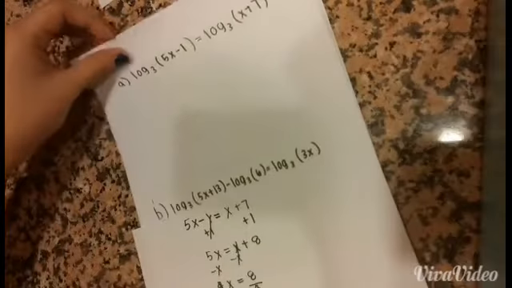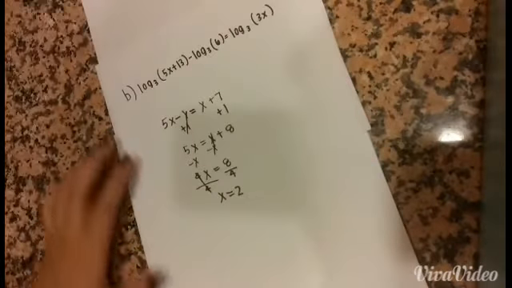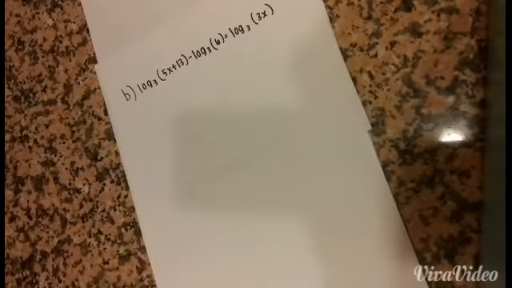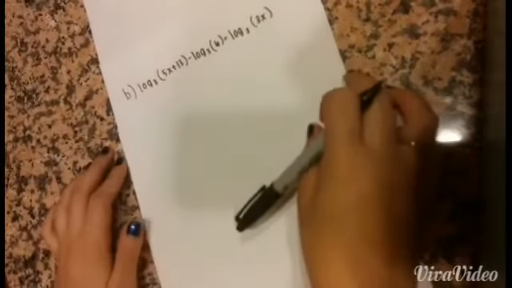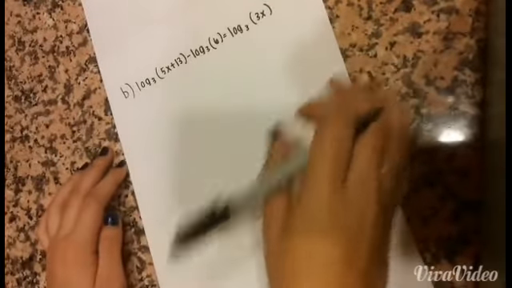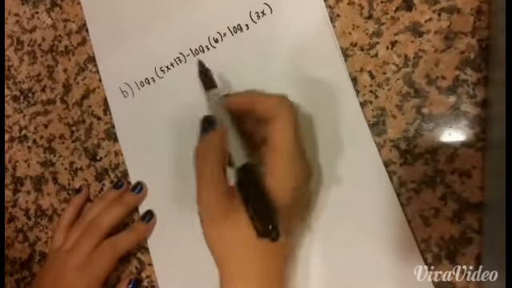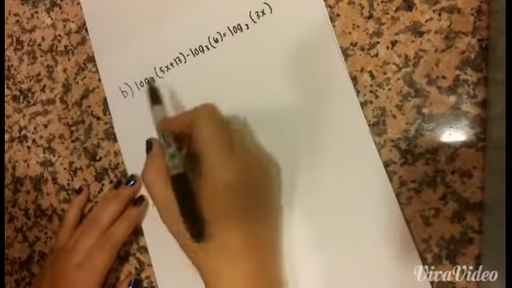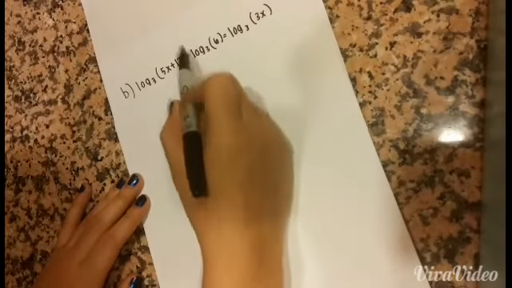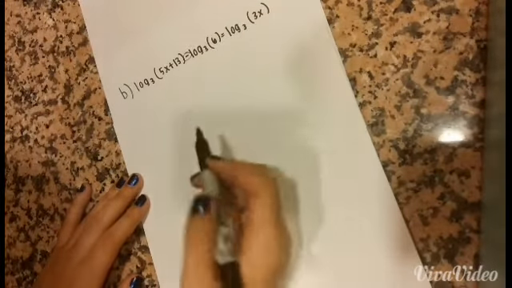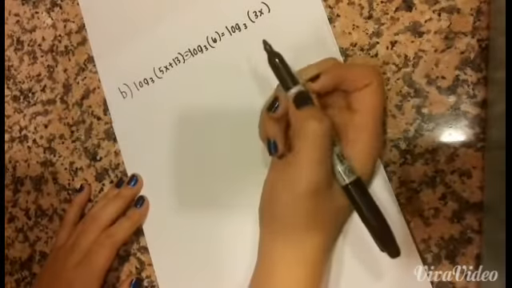And now this problem is a little bit harder, but not really if you think about it. In order to get the left side as one log, you're going to use this minus sign, and that turns into division.